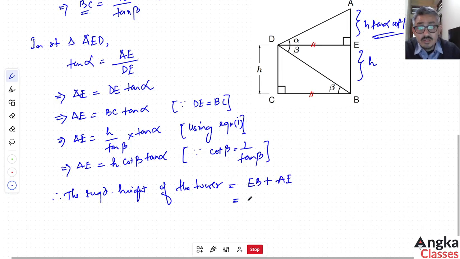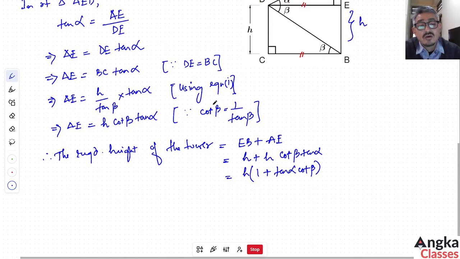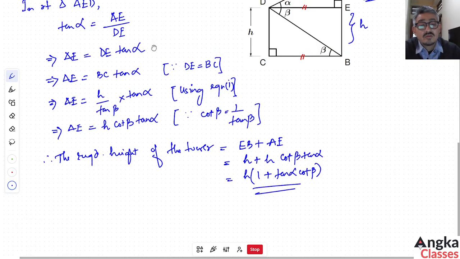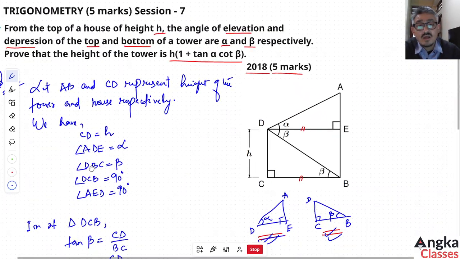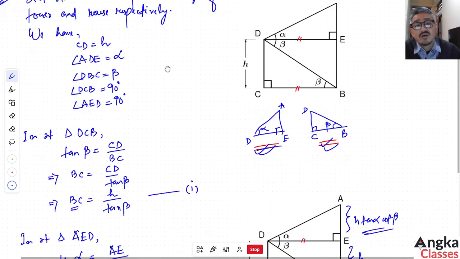EB is equal to CD, which is h, and AE is h cot beta tan alpha. Taking h common, we get h(1 + tan alpha cot beta). The height of the tower is h(1 + tan alpha cot beta).